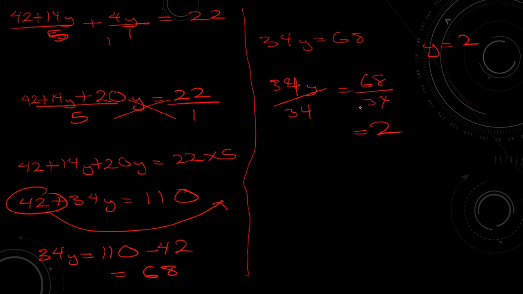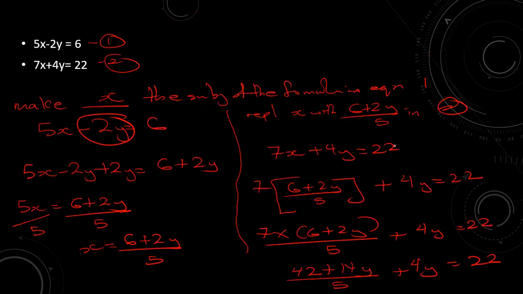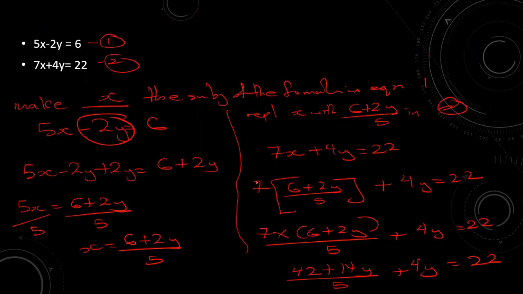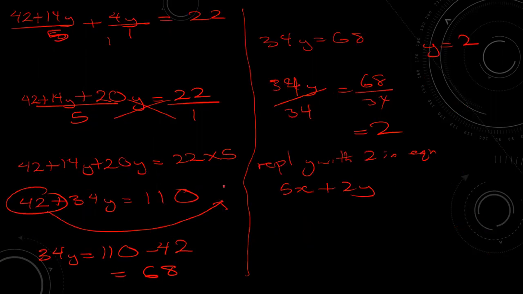So we can replace y with 2 in equation 1. We have 5x minus 2y equals 6. Since y is 2, we have 5x minus 2 times 2 equals 6.